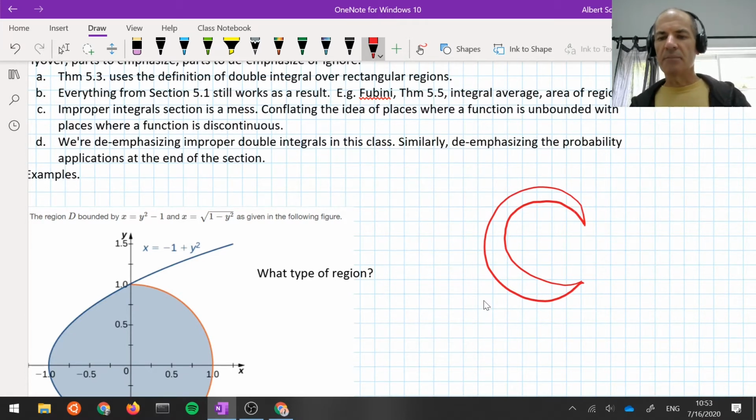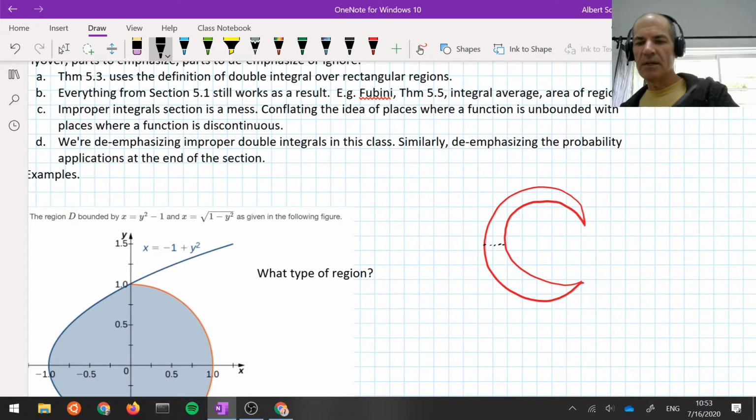But that's okay, because we can take this thing and we can cut it right here. And maybe we'd have to cut it right here. Do a little bit of surgery in this direction here, and maybe a little bit of surgery down here in this direction. But we could cut it up into enough pieces where we would get type 1 or type 2 regions.